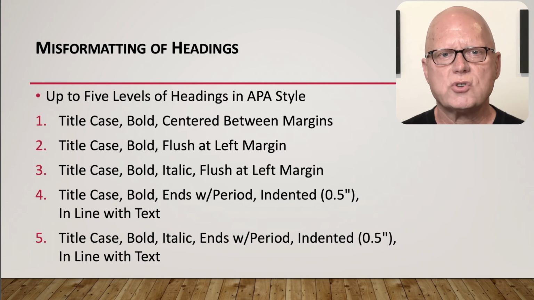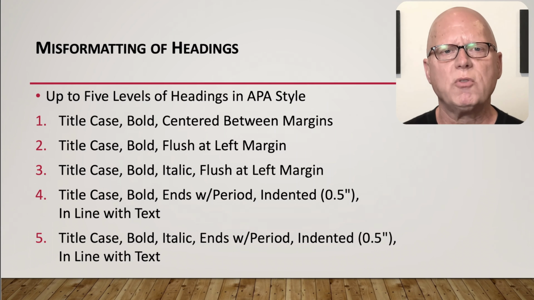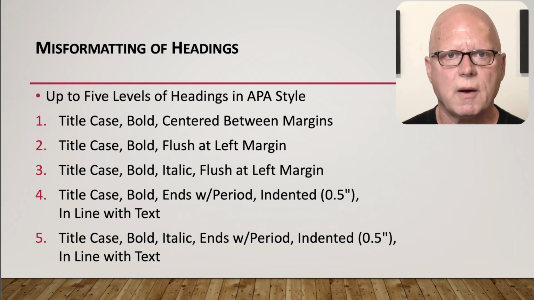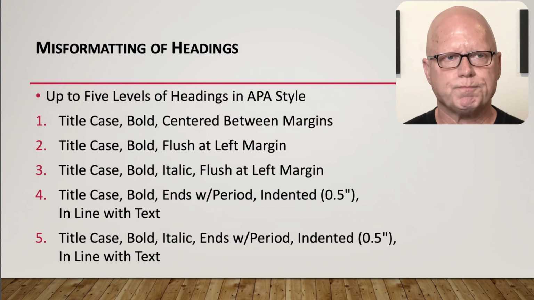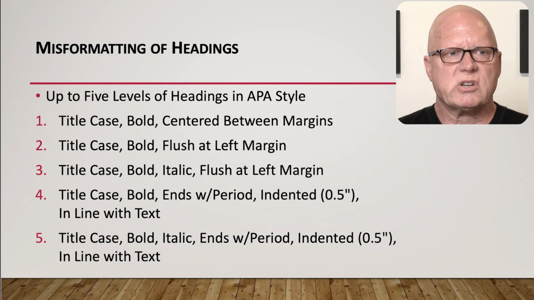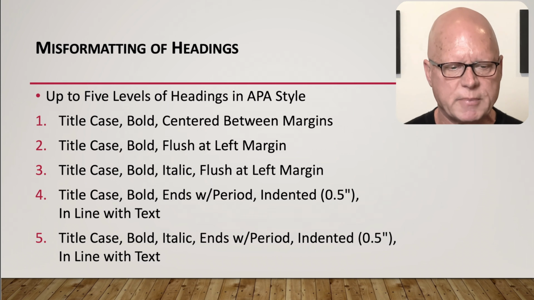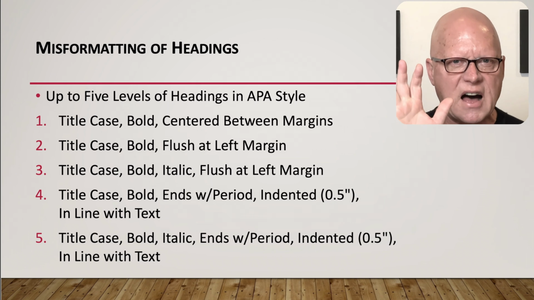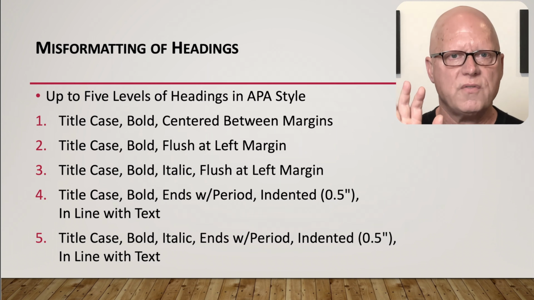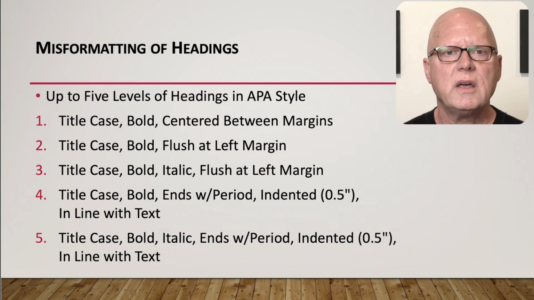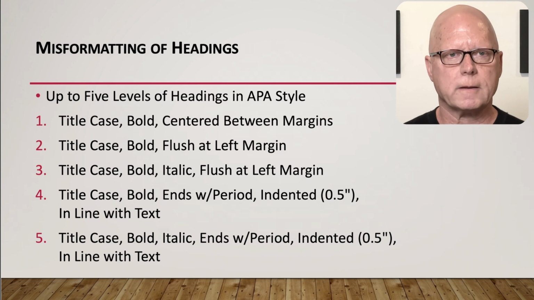Headings serve to tell the reader what is coming next in the paper. It's almost as if they were introductions to the next topic or subtopic. And there are 5 levels of headings available in APA style.